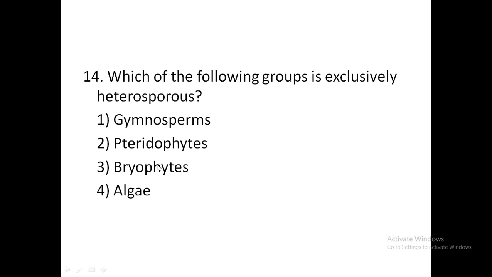Most pteridophytes are homosporous, except Selaginella and Salvinia, but some are heterosporous also. Gymnosperms are exclusively heterosporous, which means they always produce two types of spores, megaspores and microspores. So your answer is gymnosperms.